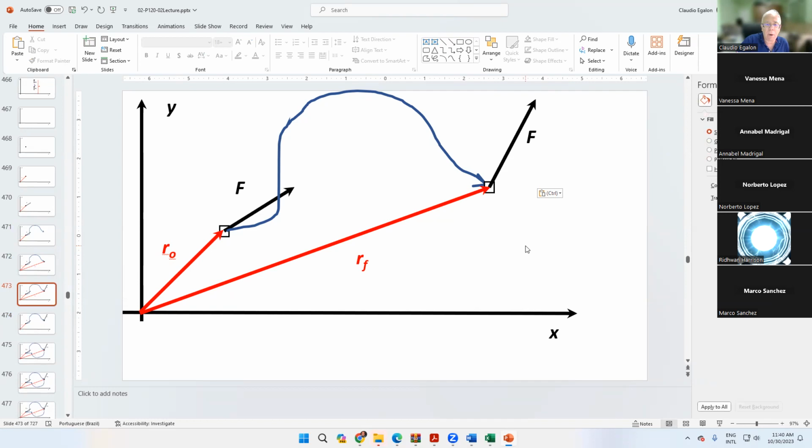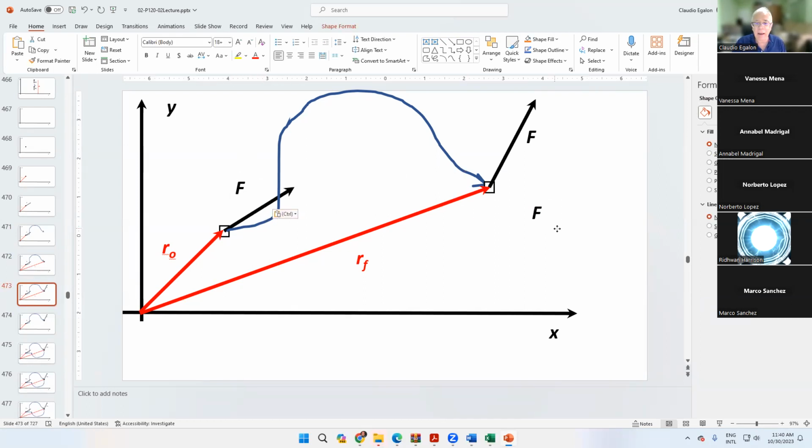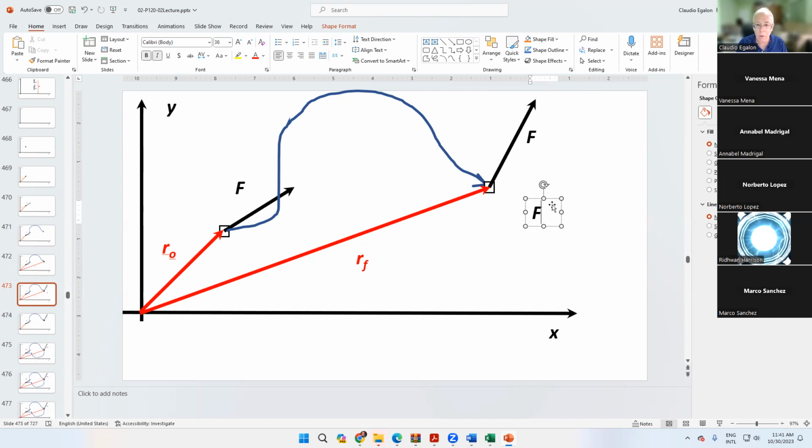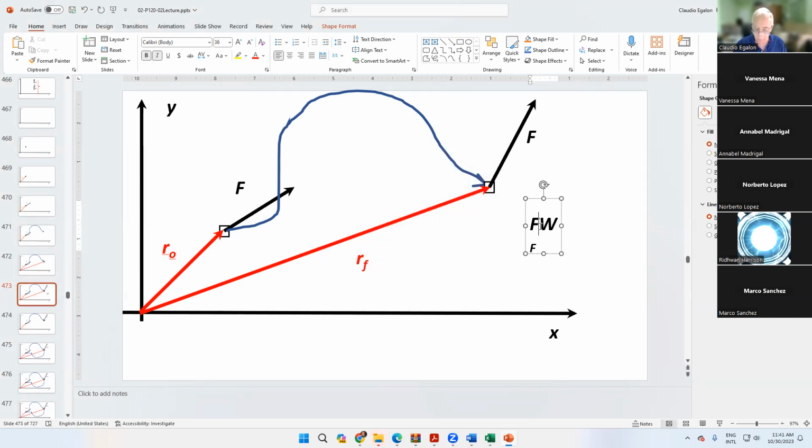I'm making it as generic as possible. The work done by the force F is X. Let's say the work done by force F is X.